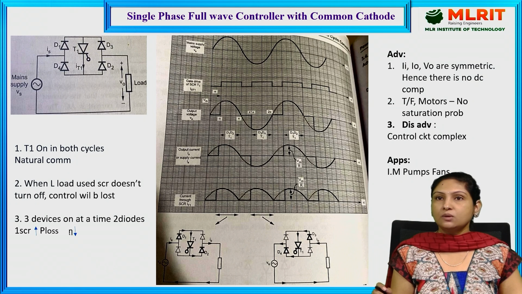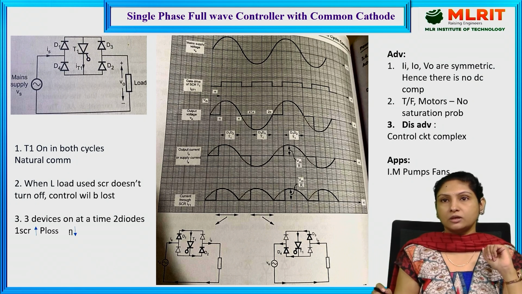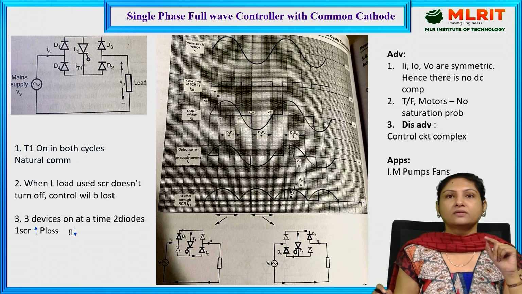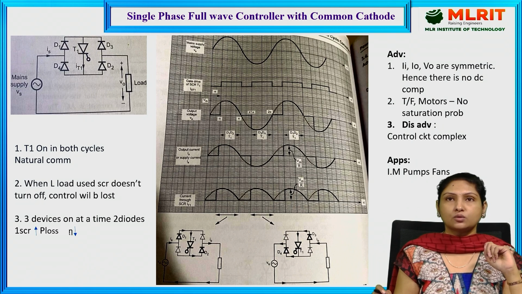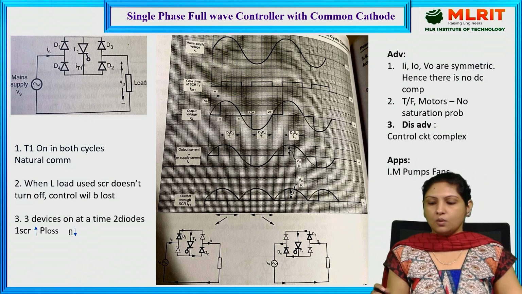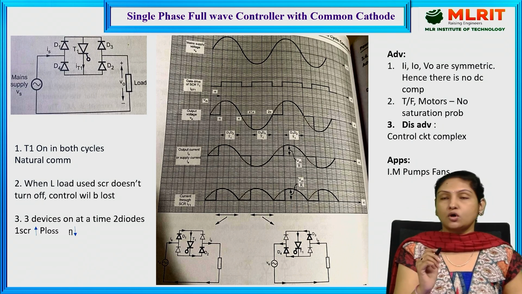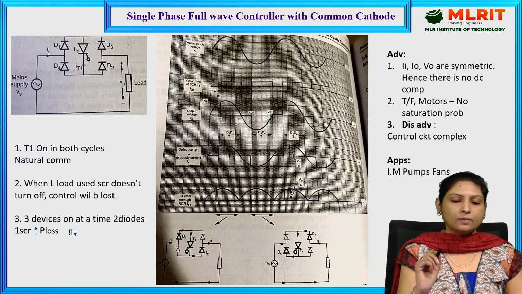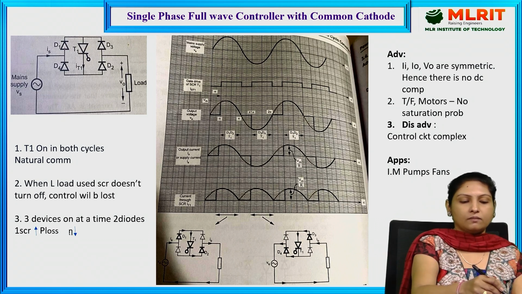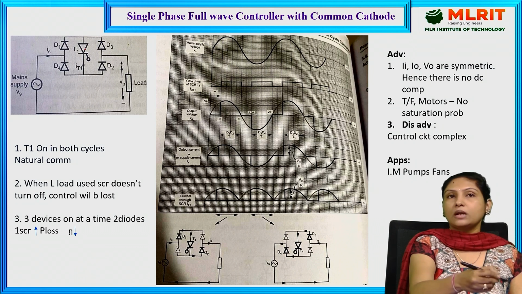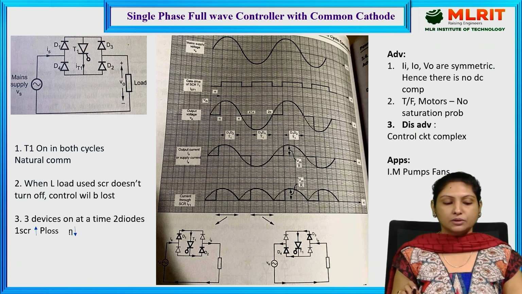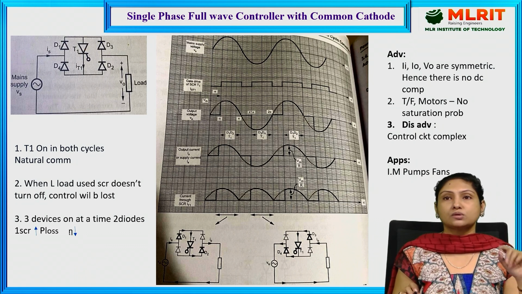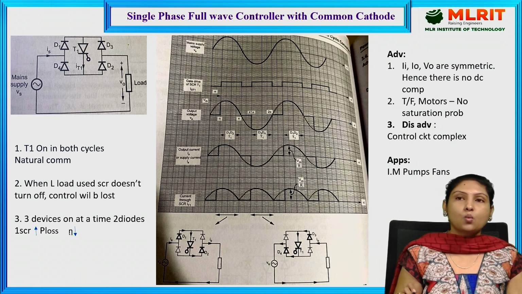Let us see one more configuration of how we can achieve this bidirectional control. Previously, we have seen one of the configurations, that was the common cathode configuration. Now, this is the single phase full wave controller with bridge configuration. Here we are making use of a bridge configuration with one additional SCR. In the circuit, we are making use of 4 diodes and 1 SCR.